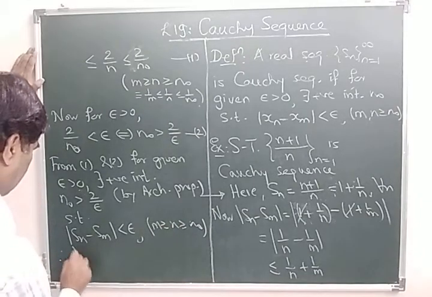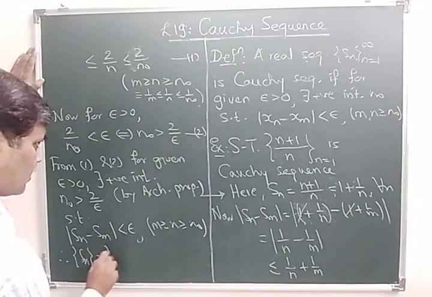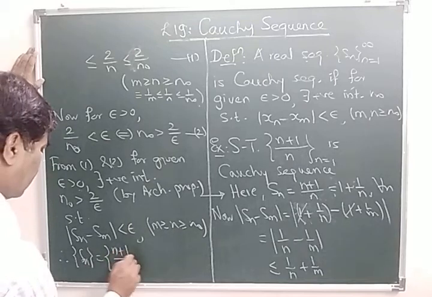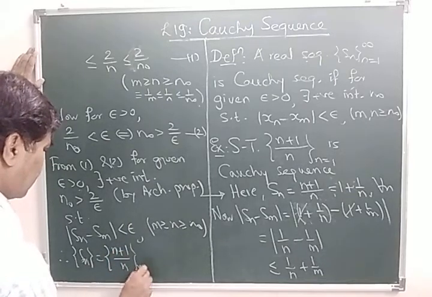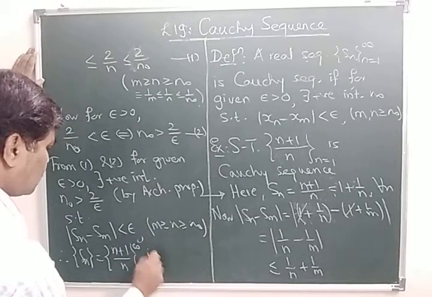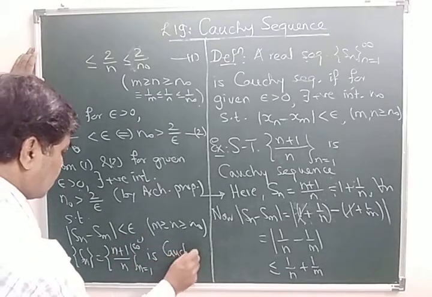And therefore, your Sn equal to n plus 1 upon n, n equal to 1 to infinity, is a Cauchy sequence.